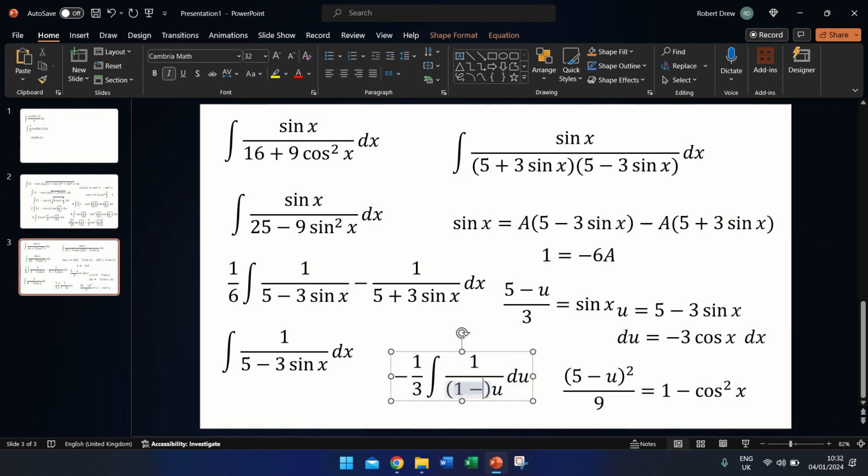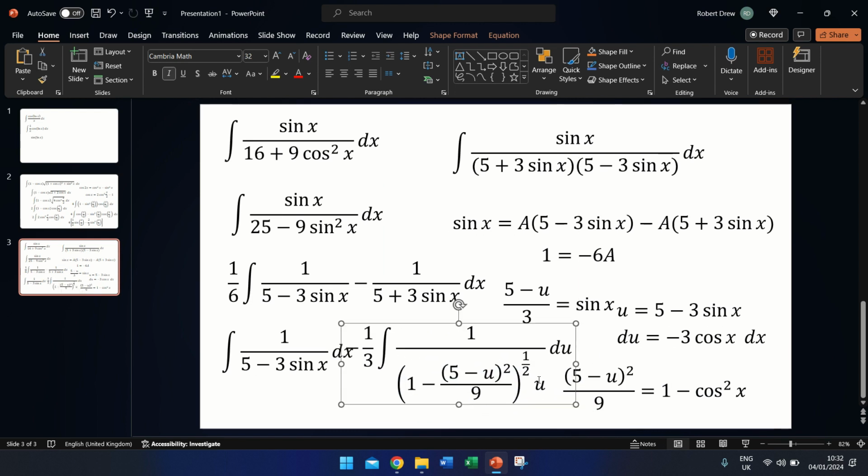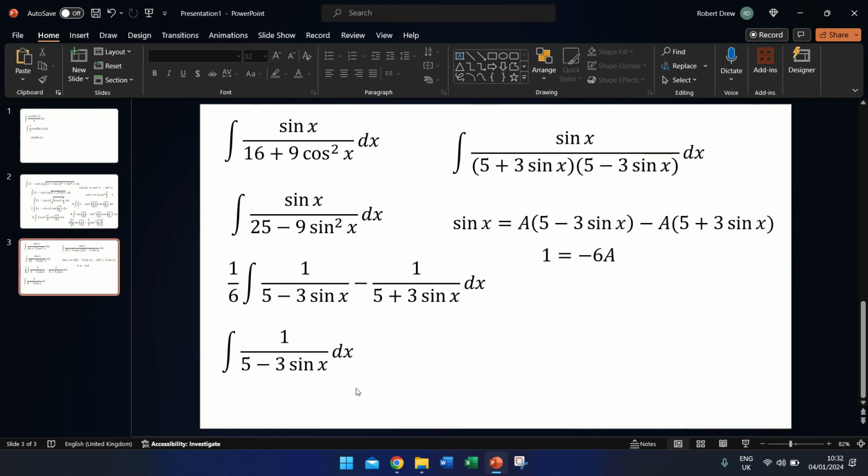But this is just a mess, right? It's 1 minus all of this, but all of that is to the power of a half. What I was hoping for was some kind of inverse chain rule to just appear with this u on top, but it just doesn't work. So I think I'm going to abandon that plan as well.